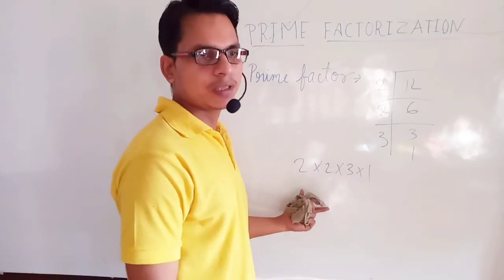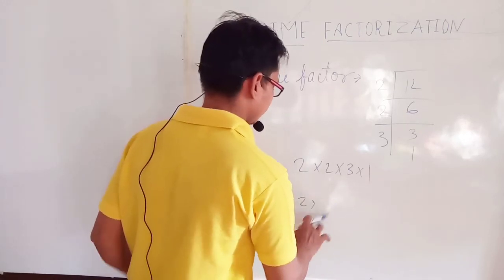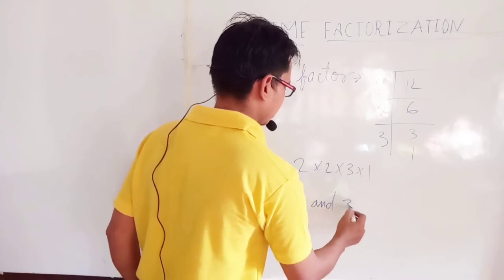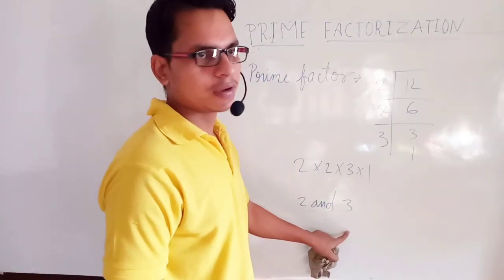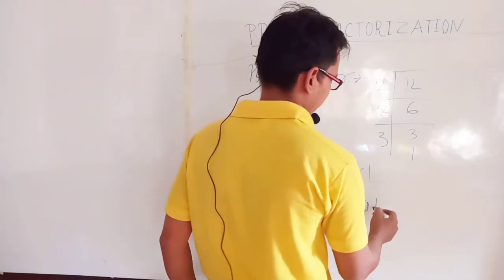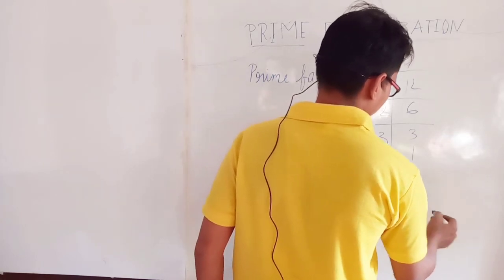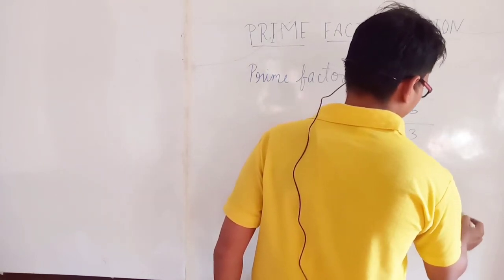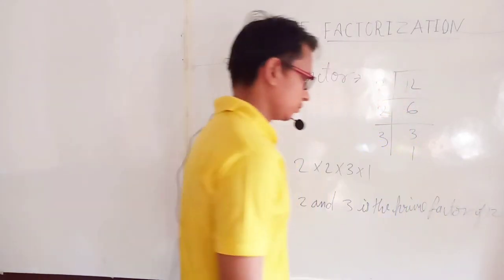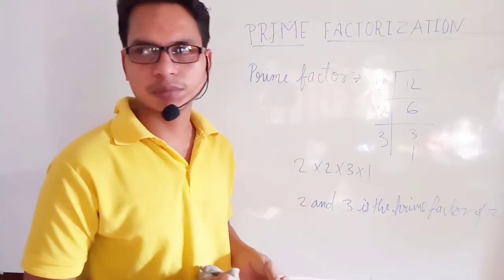But if we want to see the prime factorization, only 2 and 3 are there. So 2 and 3 are the prime factors of 12. In that way we can find the prime factors of any number.